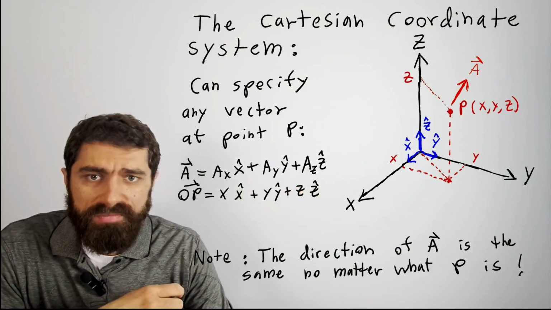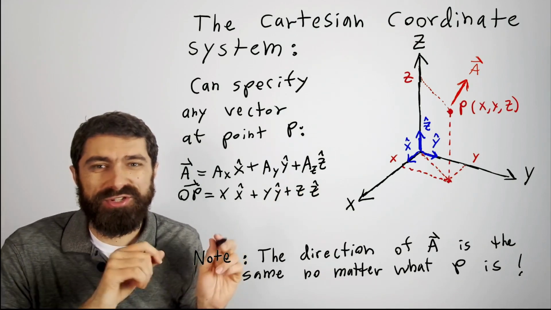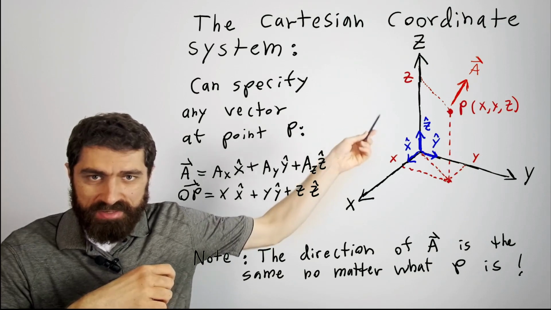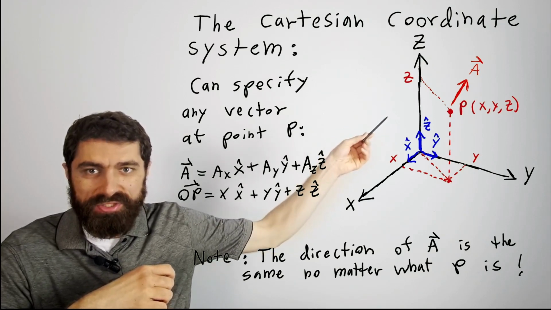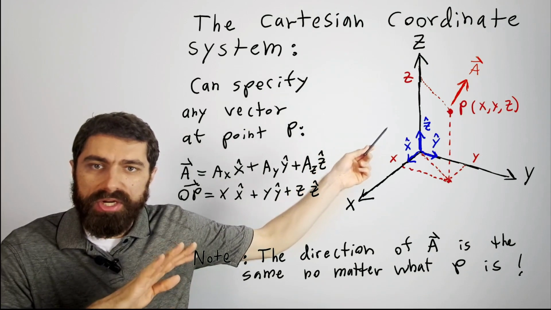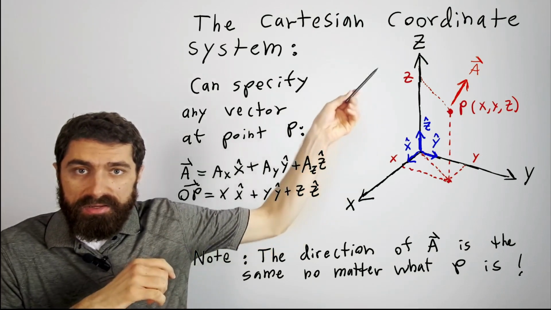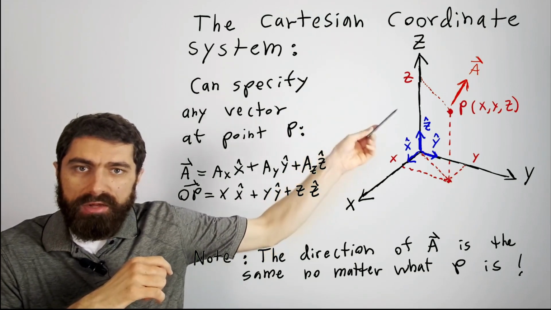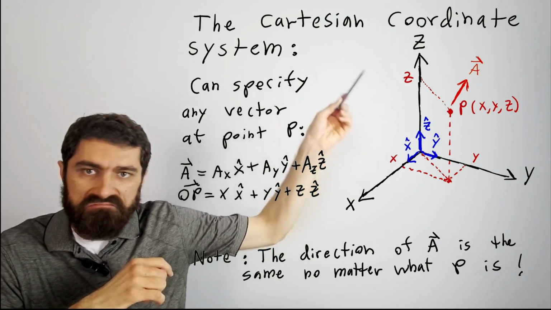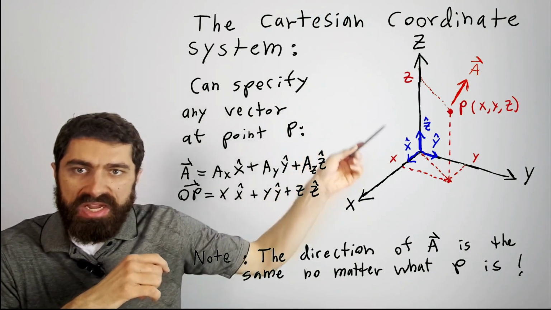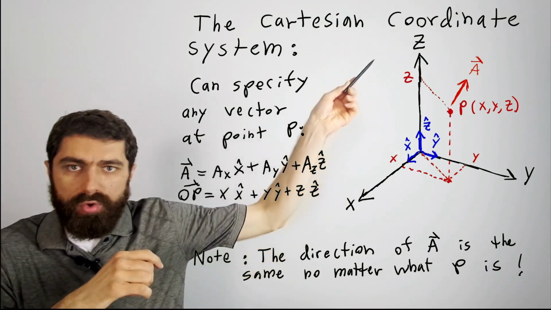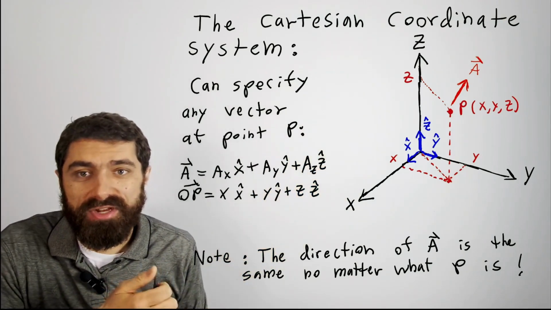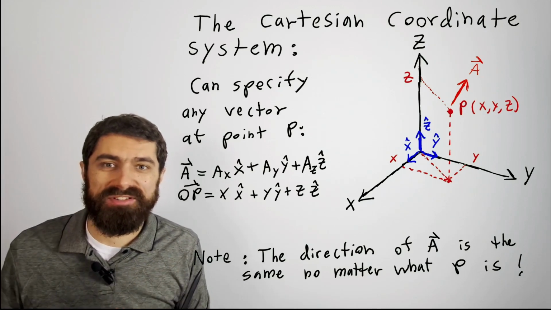And one thing I want to point out about the Cartesian coordinate system is that if you have a vector A at some point P, and it's in this direction here, and then you move it around, the orientation or direction of that vector A will stay the same. It doesn't matter what point it's at, that basic direction is the same. And you will find that that's actually not necessarily the case with the other coordinate systems.